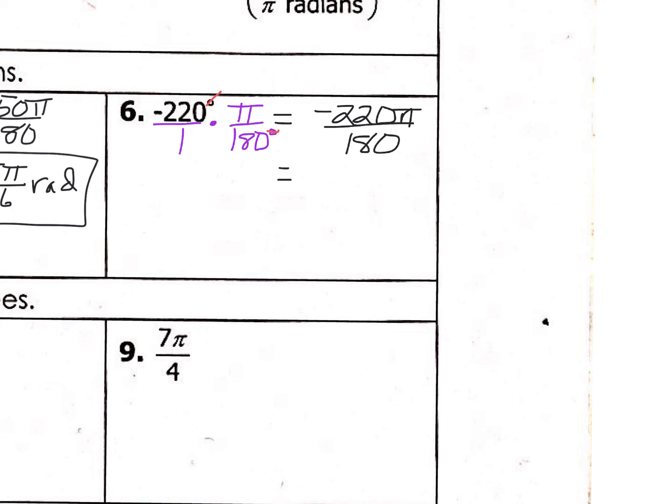And then you're going to take negative 220 divided by 180, ignore the pi for right now, and hit math enter enter. And that will reduce to negative 11, and then you have to put the pi back in the numerator, divided by 9. And that is radians. We abbreviate radians by rad.